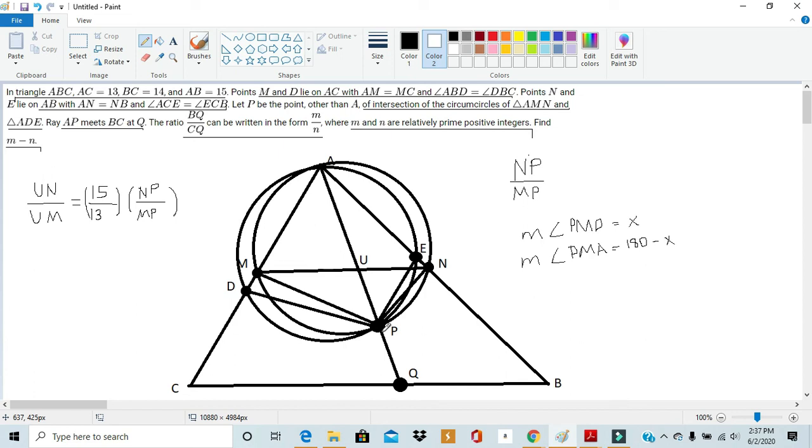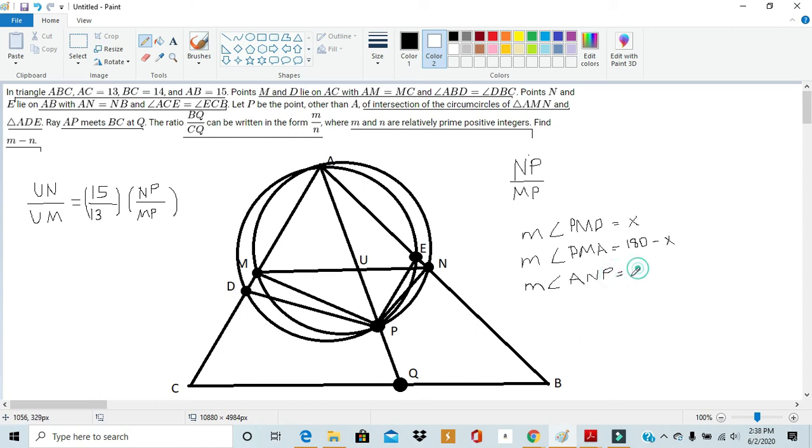So that means that angles PMA and angles ANP have to equal 180. Well, we know that angle PMA is equal to 180 minus x. So that means that in order for angle ANP to add with angle PMA to equal 180, angle ANP is equal to x. So we can write that the measure of angle ANP is equal to x.